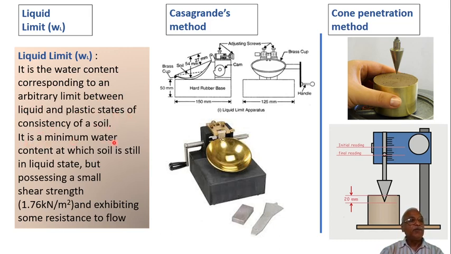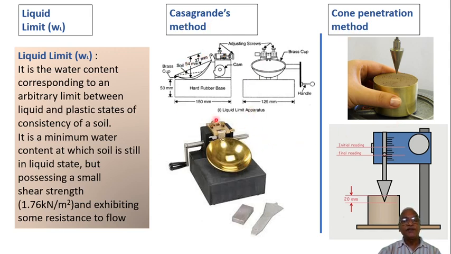It is the minimum water content at which the soil is still in liquid state but possessing a small shear strength of the order of 1.76 kilonewton per meter square and exhibiting some resistance to flow. There are 2 methods for finding liquid limit. One is Casagrande's method, another one is cone penetration method. We'll be seeing both these methods in detail.